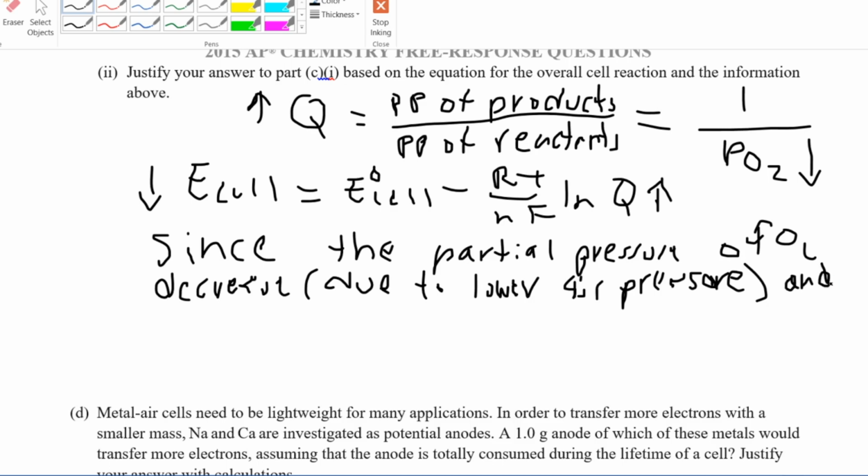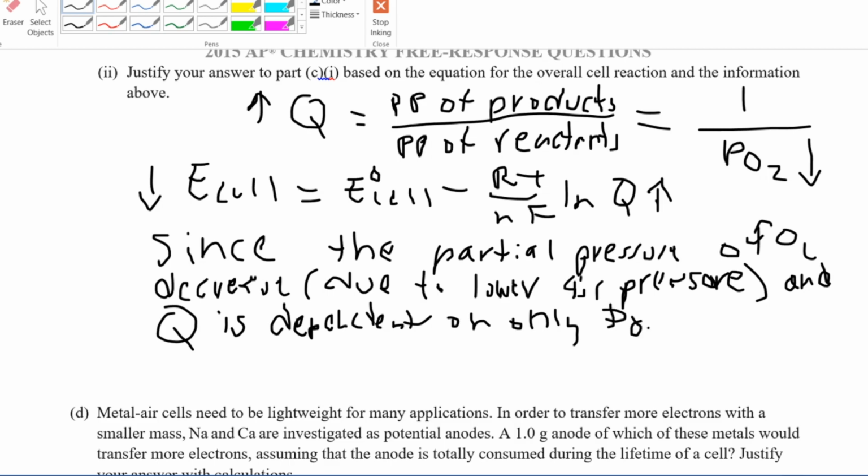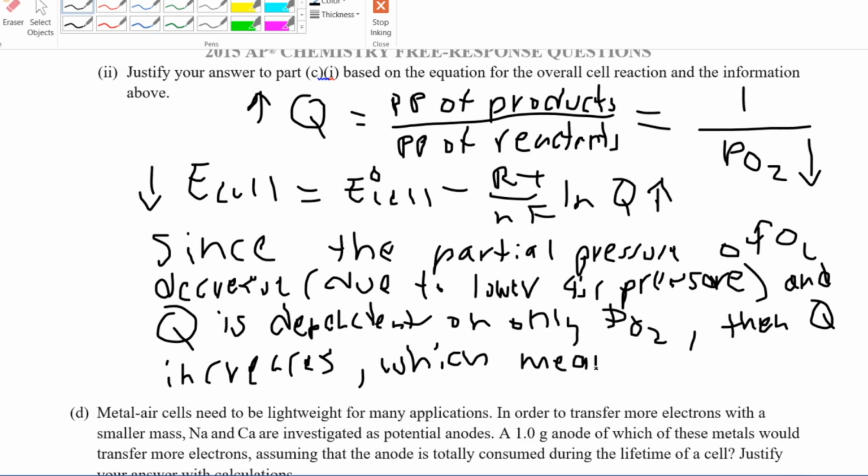and since Q is dependent on only PO2, then Q increases, which means the cell potential, let's just move it down a bit lower, it's a little laggy, means the cell potential, I'll just do a little abbreviation, is lower.